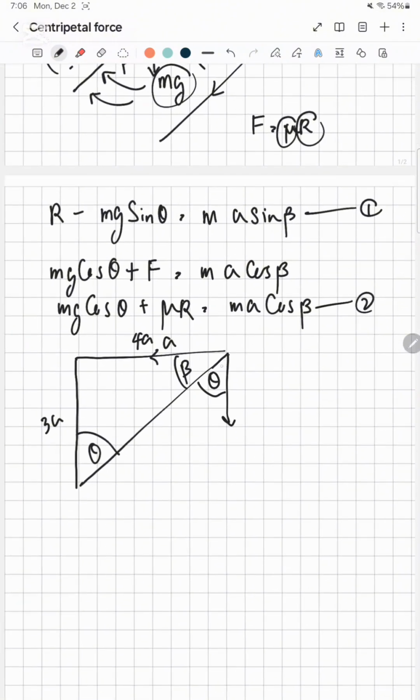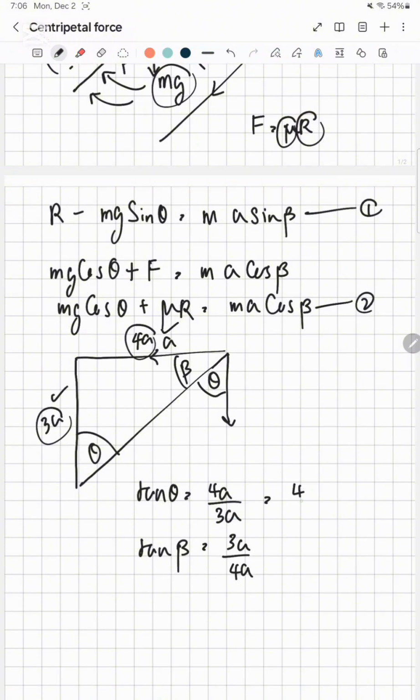So this angle is theta and this angle is beta. To find them, tan theta equals opposite over adjacent, 4a over 3a. Tan beta equals 3a over 4a, the other way around.